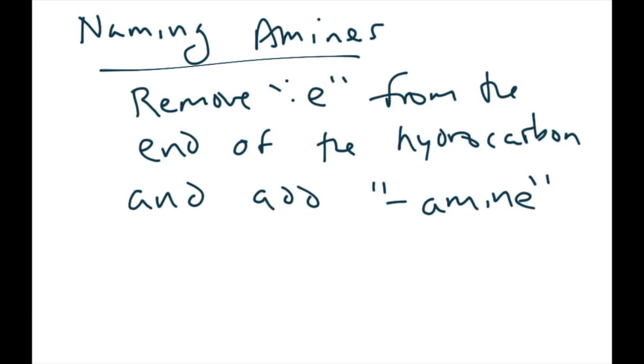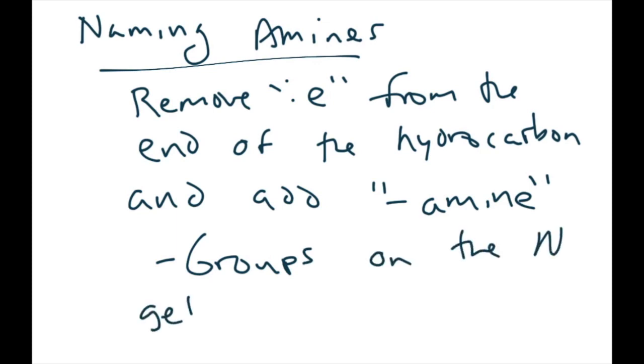Now, the thing that is odd here is groups on the nitrogen get an N. This is supposed to be in italics, but I don't have that setting on my stylus here. N, to denote that they're on the nitrogen and not on the chain. And I will show you what I mean here in a second. It's just easier to show you than to write it, but we'll write it first.